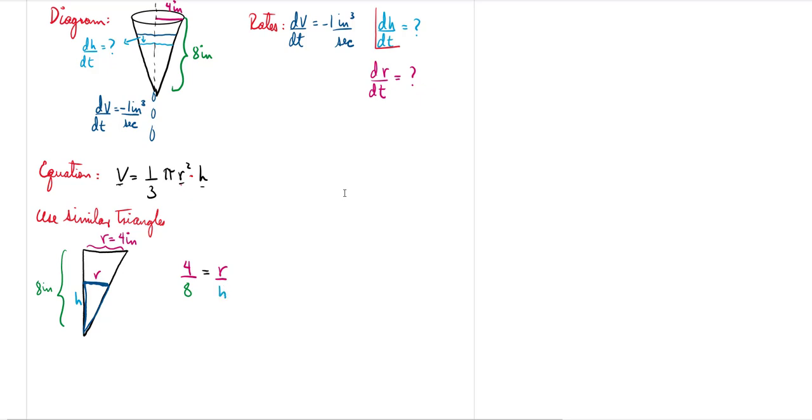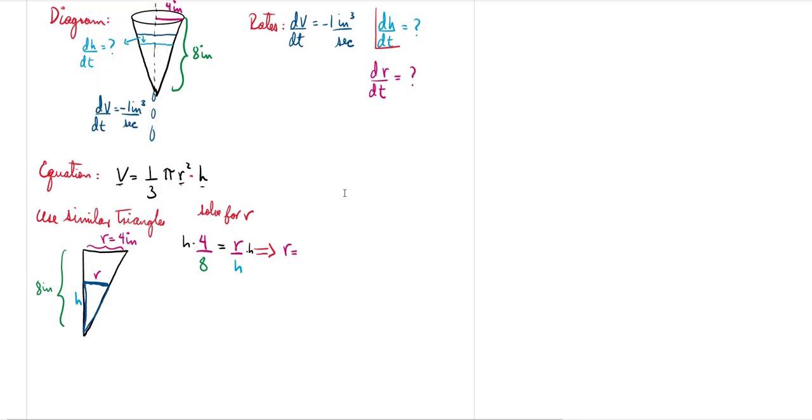Now, setting up this ratio allows us to do the following. I'm going to go ahead and solve for r. If I solve for r, then r equals, well, we multiplied by an h here, multiplied by an h here.